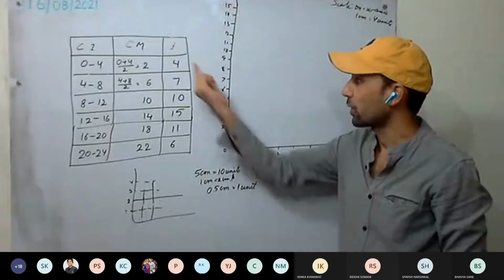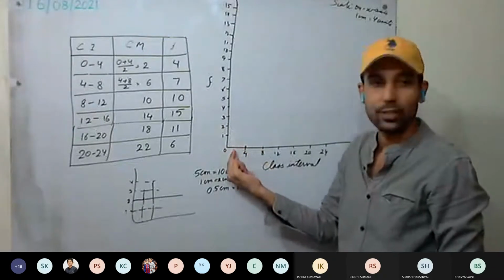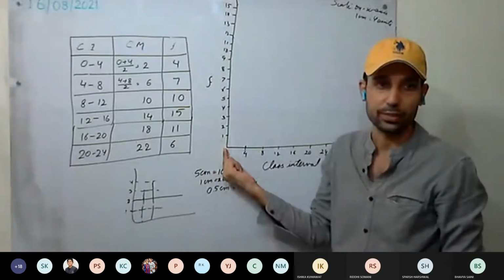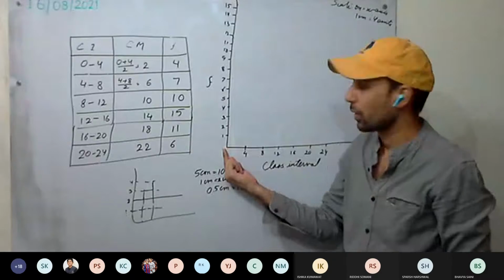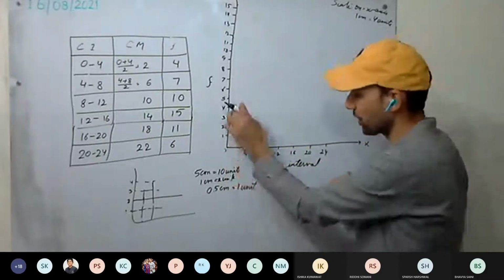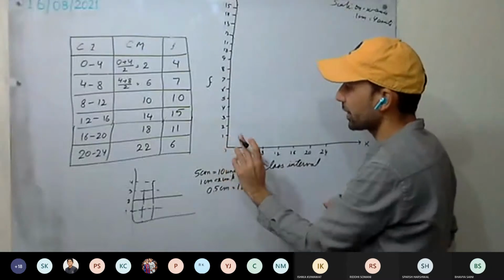Don't do that on the y-axis. Always start from 0 only, because by looking at the height, we can get the data. So never provide a kink on the y-axis.